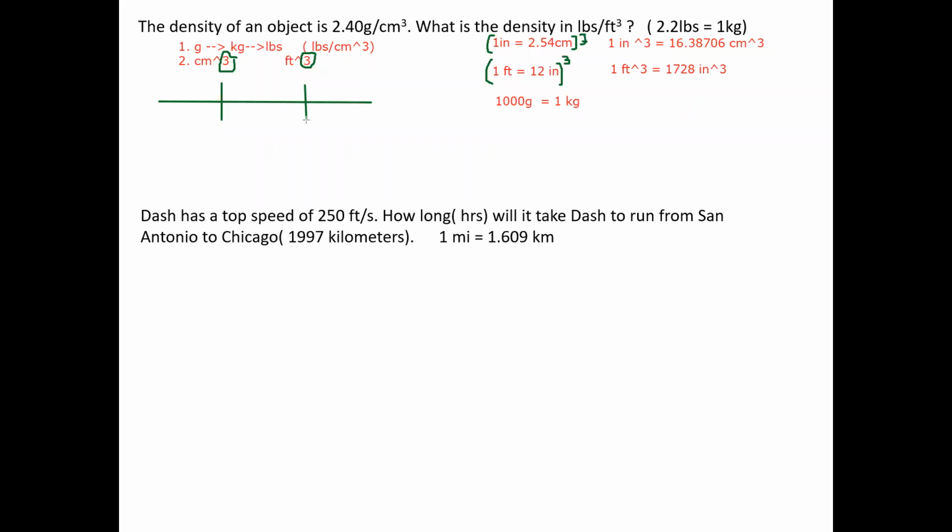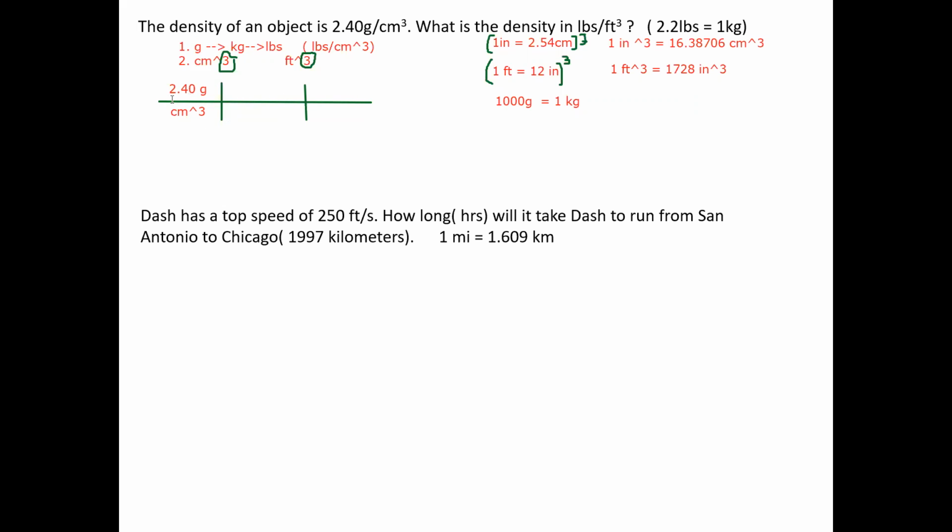The denominator is not going to change. So notice the centimeter cubed goes on the bottom. And in the first set of empty train tracks, we're going to go from gram to kilogram.